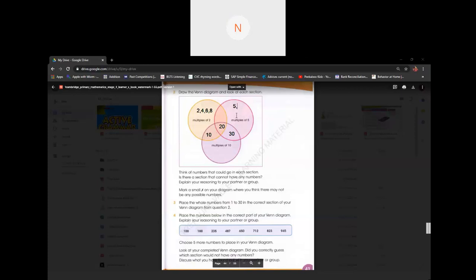So I would say 15 and then 20. We should not put 20 either because it's a multiple of 2. 25? Yeah, 25. Okay, so here's a trick. You can just skip count by 10 all the time, or every number with a 5 in it. So 35 and then dot forever. Okay, everything with a 5.